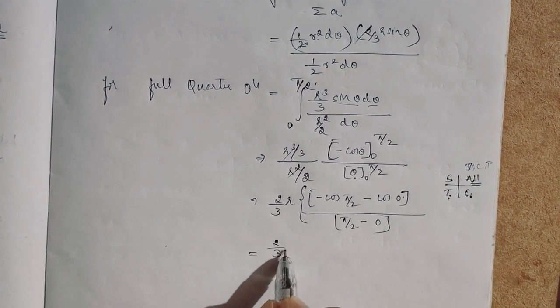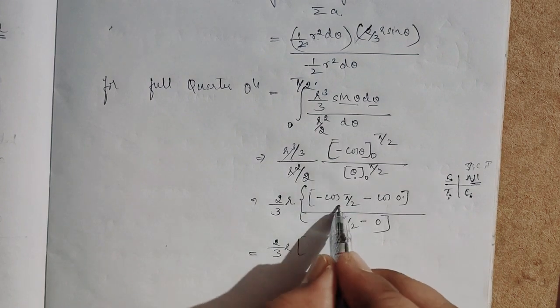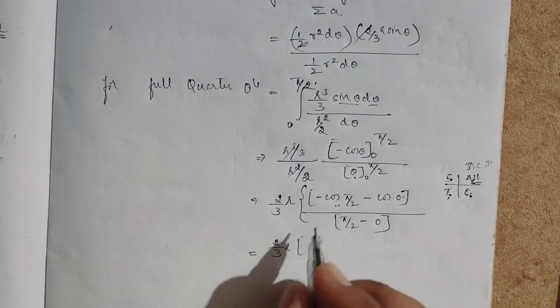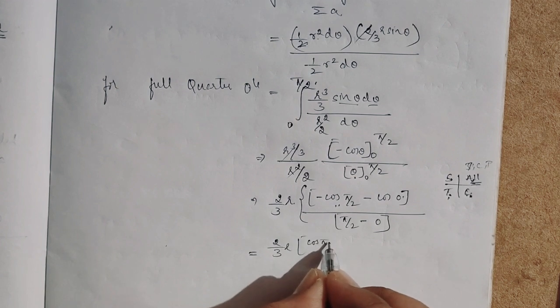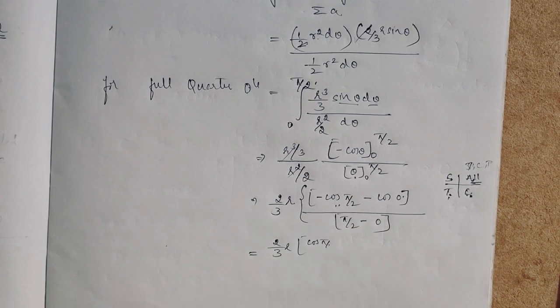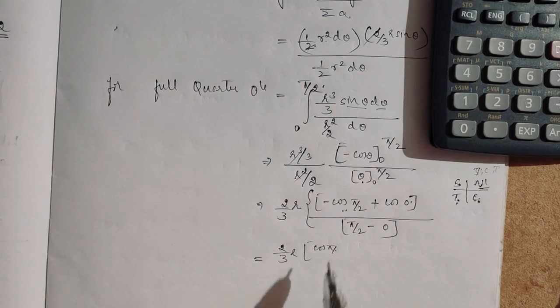So 2 by 3 r, it is in the 0 to 90 degrees only, the first quadrant, so the limits will be 0 to pi by 2 only.